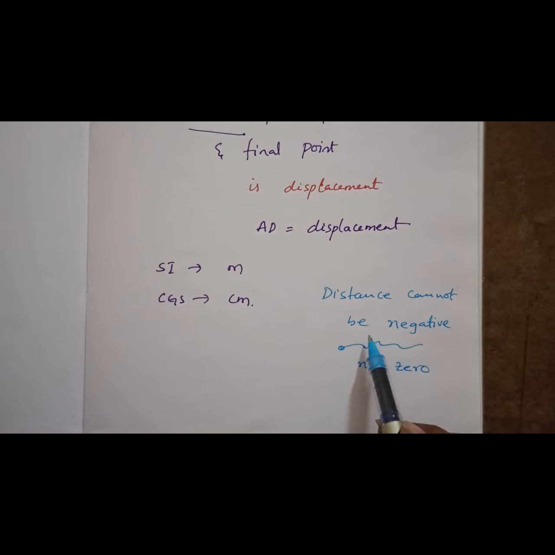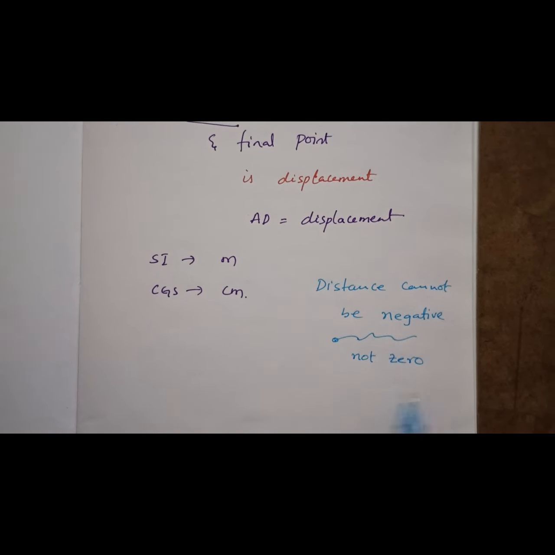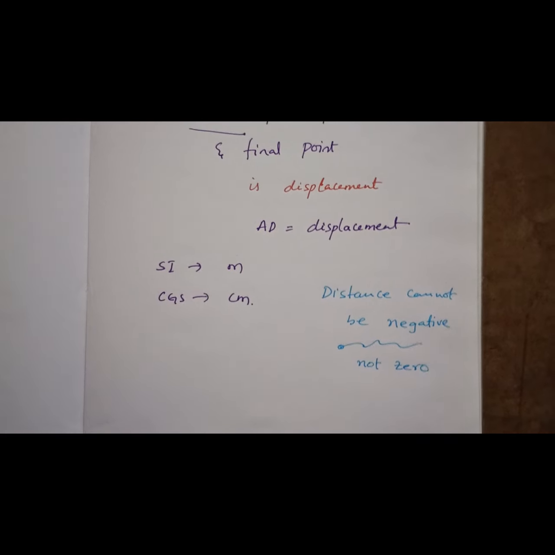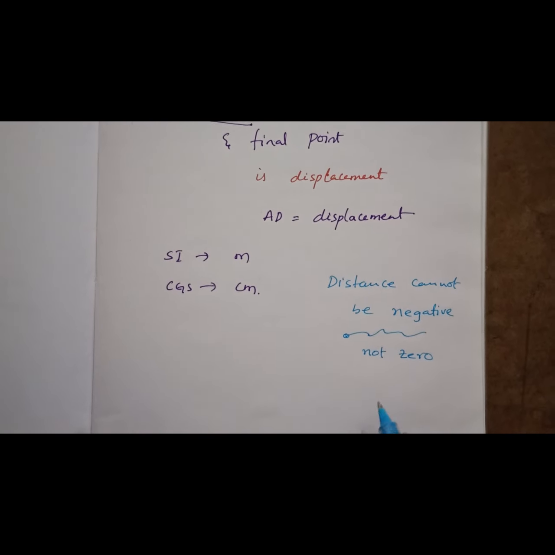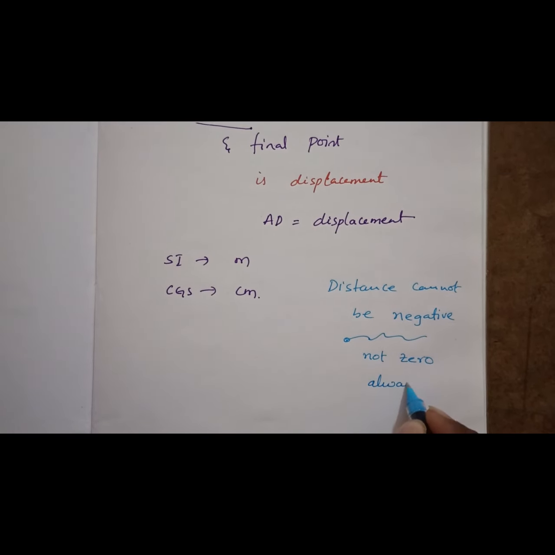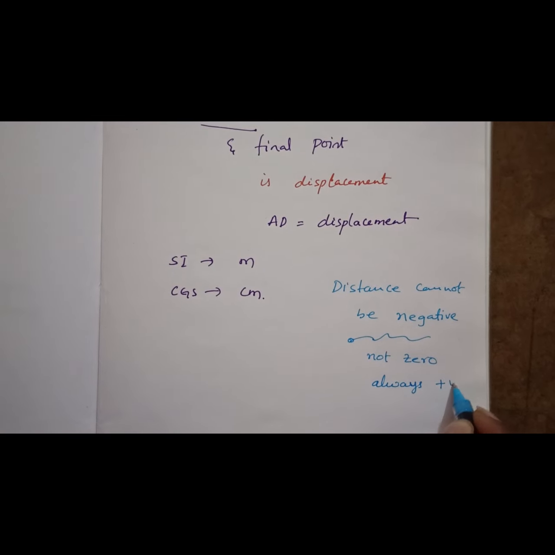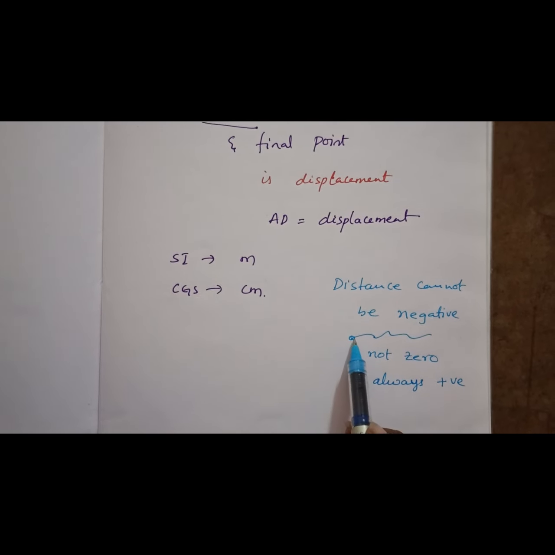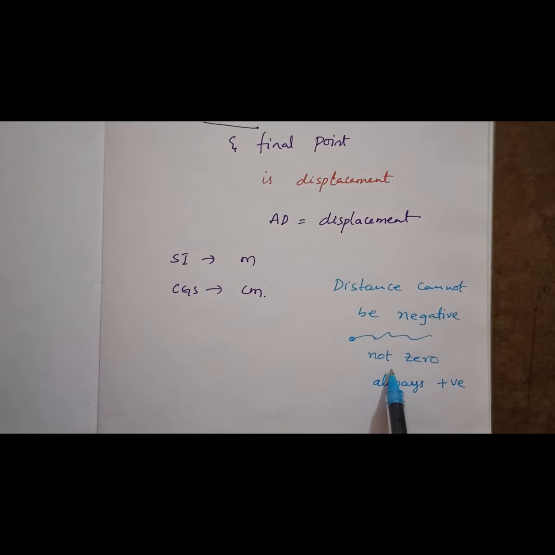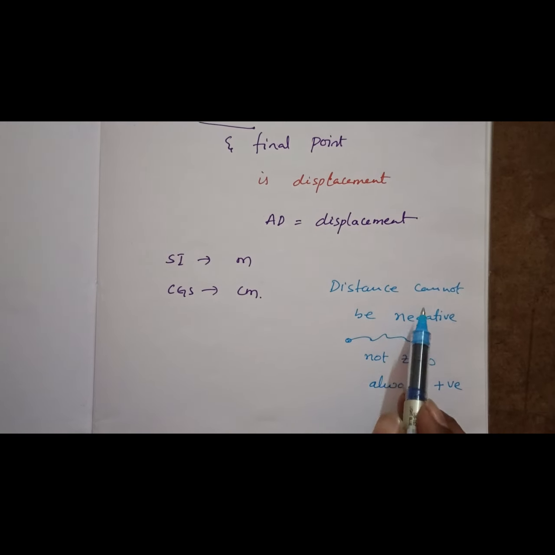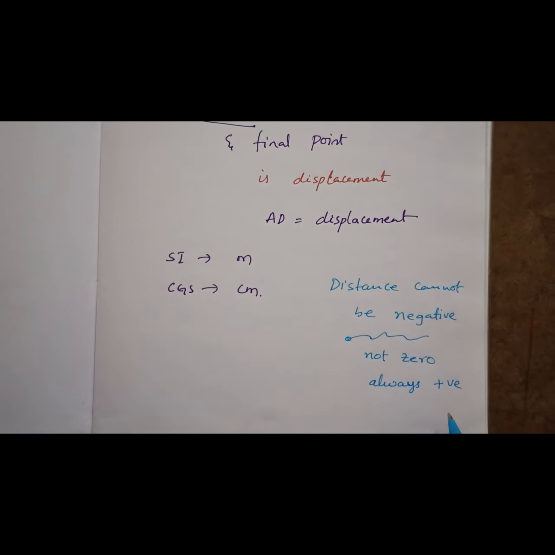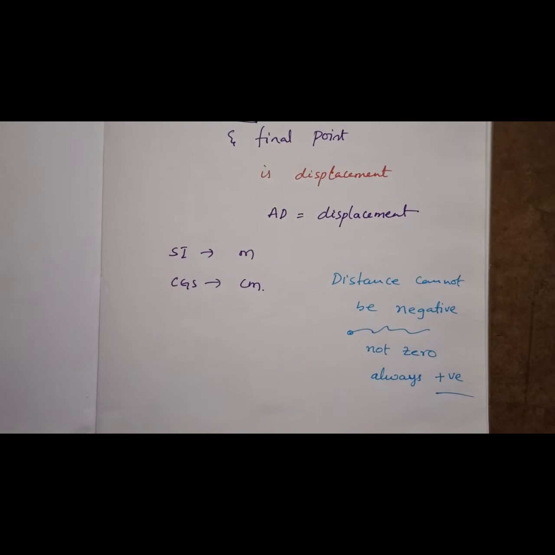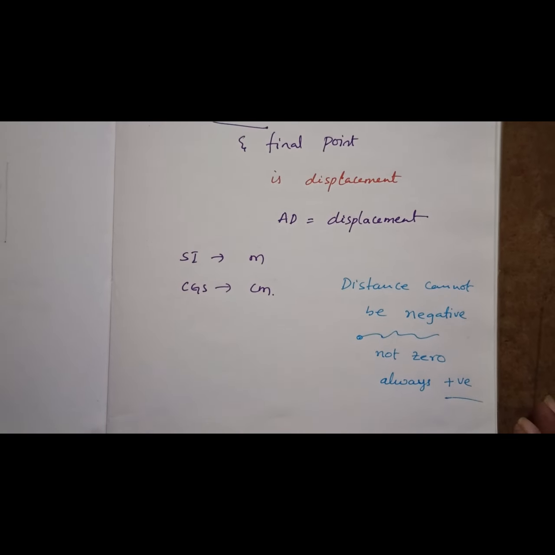It cannot be negative and it is not 0. It has some positive value. It is always positive. If it starts its position, it won't be 0 and it cannot be negative. It is always positive.